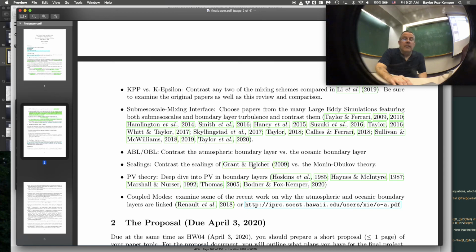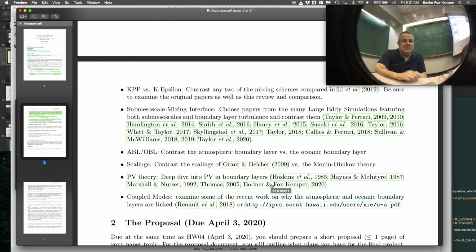In scaling theory, here's a nice recent paper on ocean mixing scaling versus the more general Monin-Obukhov that we're going to talk about in class. And then the reason I remembered to talk about this is PV. There are a lot of interesting papers about PV and boundary layers, the most recent one being Abby's paper that she just submitted in January.